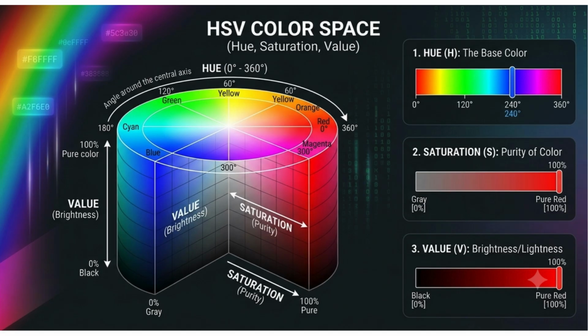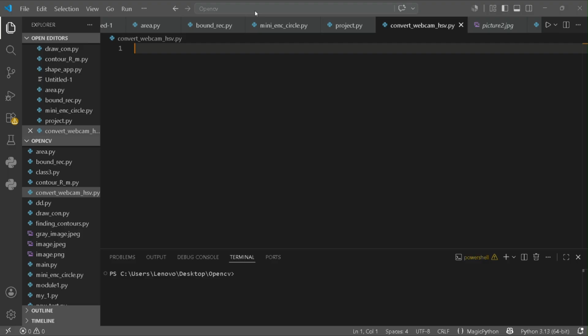Why HSV? Because lighting mainly changes the value channel. The hue remains almost constant, so detecting colors becomes much easier. Now let's go to our terminal and see how we can convert our webcam to HSV.